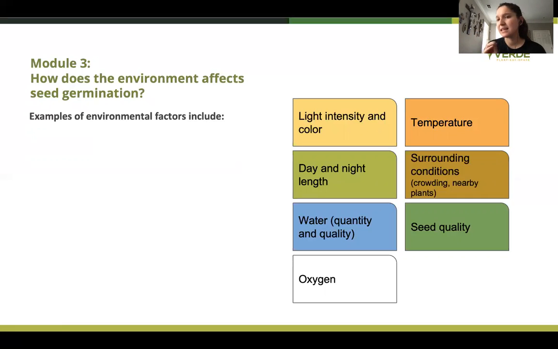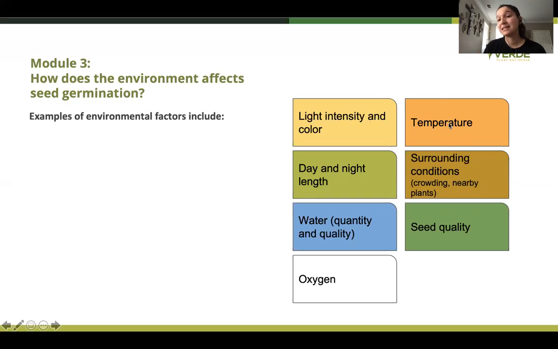As a seed, you don't need a very specific amount or type of light, but what you do need is close proximity to the soil surface, or the correct proximity to the surface in order to reach the light. And this has a lot to do with planting depth for seeds.